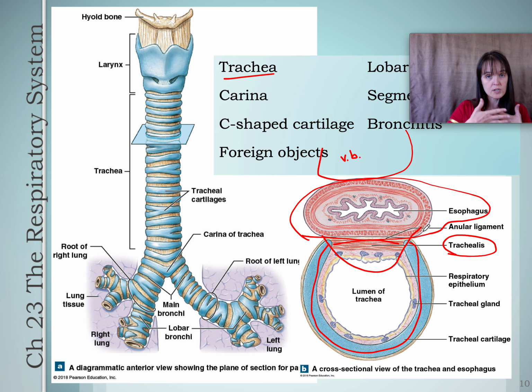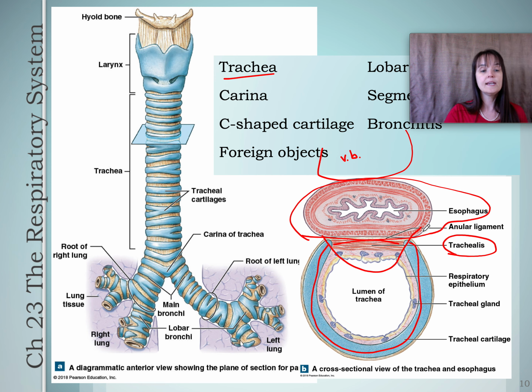It allows it to push all of those tissues forward as you swallow. As you're swallowing food in your esophagus, you're not breathing through your trachea, so you're not using it right at that second. So, 2 reasons. Oh, and of course it protects the trachea, yada yada, keeps it open.